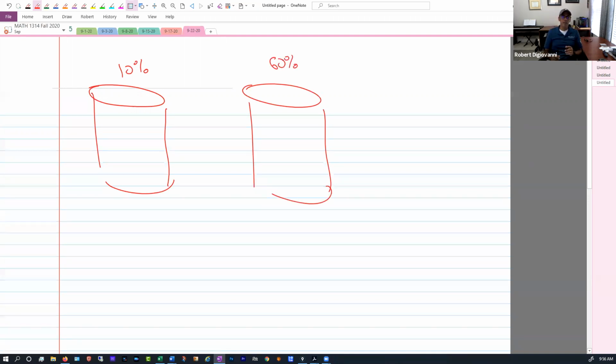And they say, okay, for the experiment I need a 20% acid mixture. So they have to figure out how much of each to mix together to get 20%. Does that make sense? Just using the 10 and the 60, they somehow mix them perfectly to get the 20. I'm not going to ask you to do that question. That question would be very difficult. Well, not more difficult than we can handle right now.